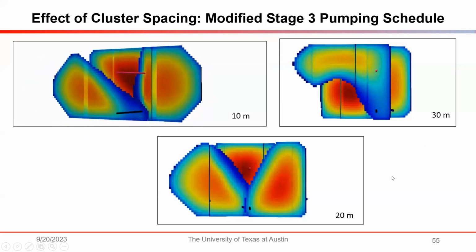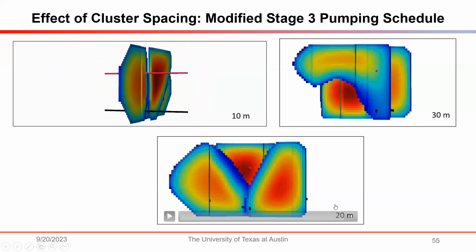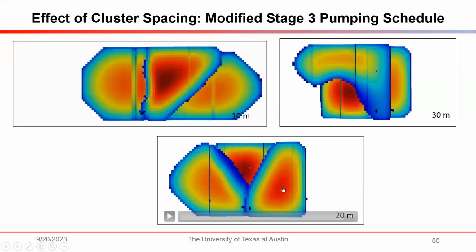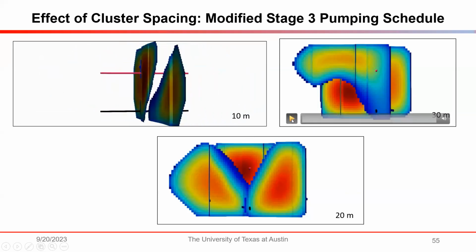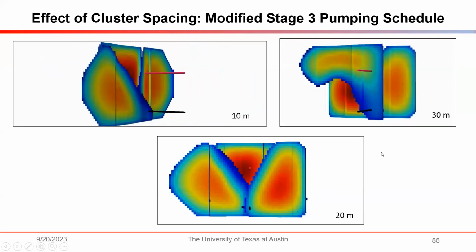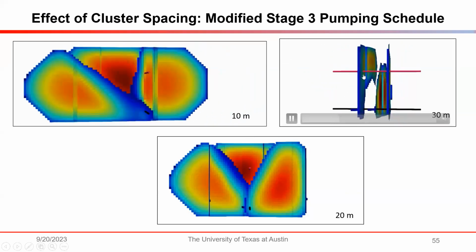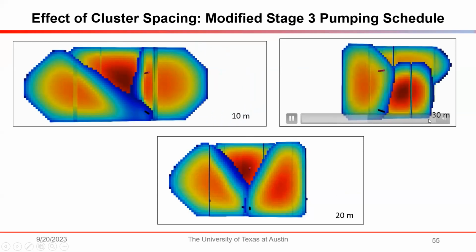We also have run some cases to try to vary the cluster spacing: 10 meters, 30 meters, 20 meters, 30 meters. And you do get more likelihood of fractures intersecting the 16B well when you have a larger spacing. So for example, for 30 meters, you clearly see these 2 fractures because the stress shadow is less significant at larger spacing.